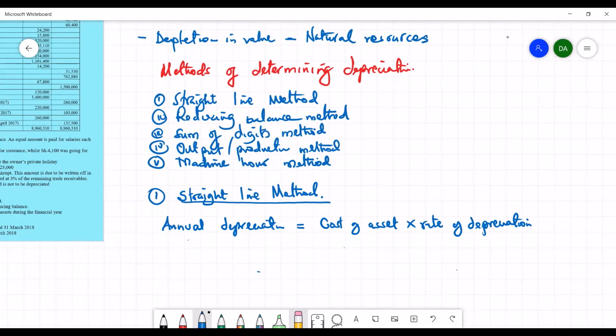Constant amount of depreciation is charged each and every time, because it is just the cost times the rate. If the rate is the same, multiplied by the same cost, then the depreciation is the same throughout.